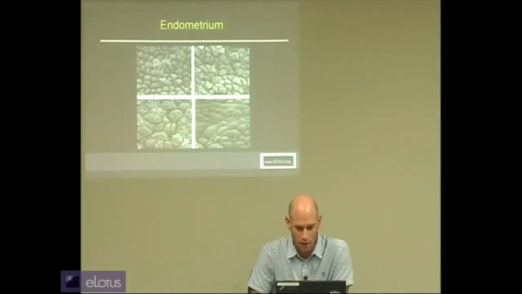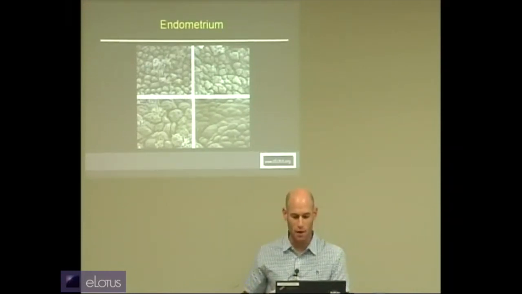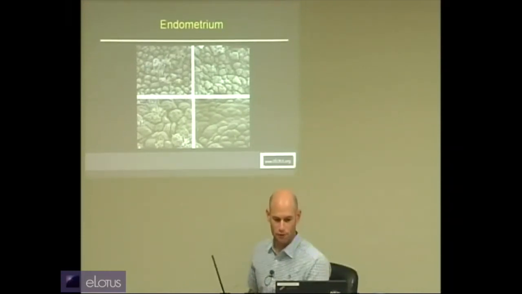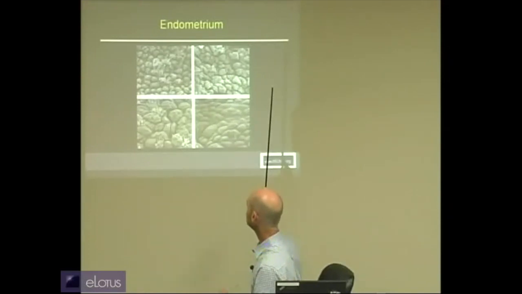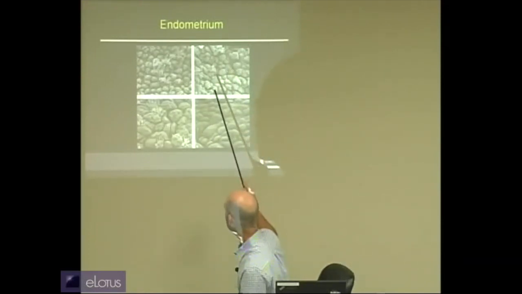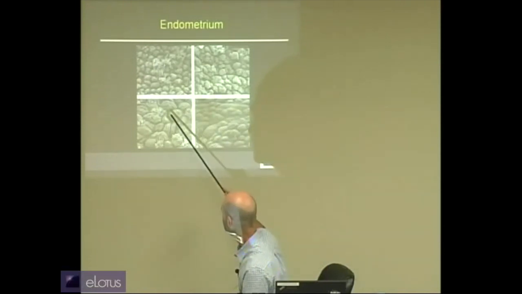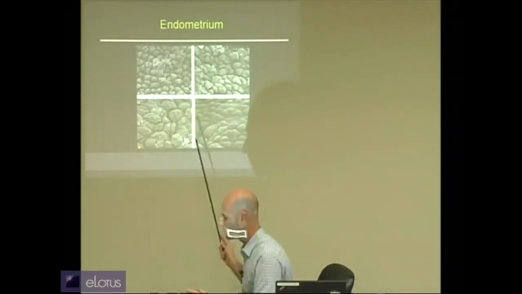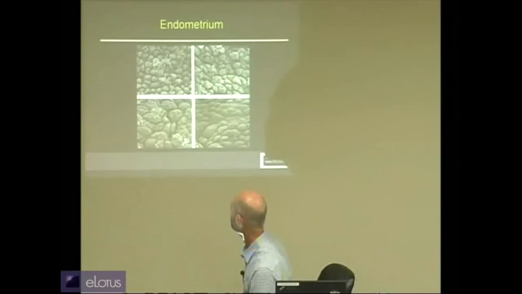Now this is a scanning electron micrograph of the endometrium, which I think is really cool. What you can picture is if you are an embryo floating down through the uterine cavity, you're going to land into one of these little nooks and crannies and just wiggle your way in there and get nice and cozy.